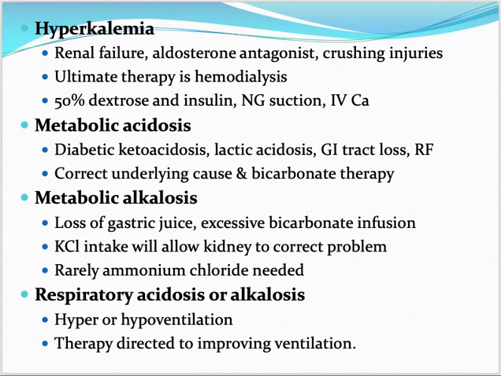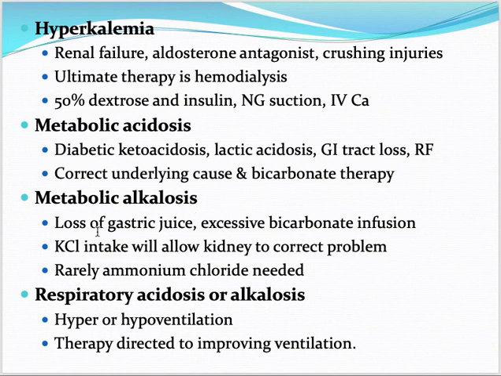You can see here, of course, just a few points are written, because otherwise this slide could reach more than 500 slides. So for metabolic acidosis I just put a few points, like diabetic ketoacidosis, lactic acidosis, correct the underlying cause and bicarbonate therapy.